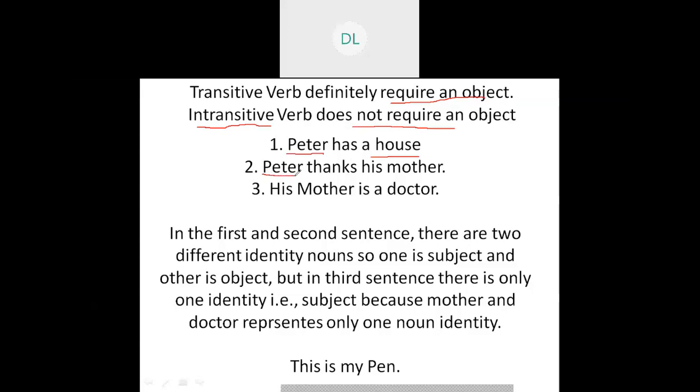Peter is the first identity, his mother is another identity. Subject and object are two different identities in the sentence. They are two different things in the sentence.